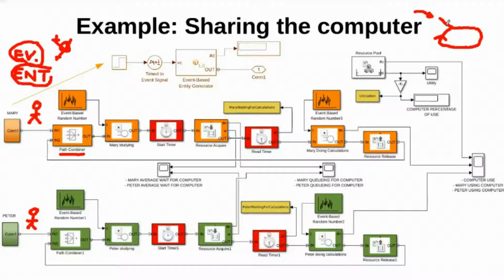That's a path combiner. You go from this path at the beginning, and then when you have finished this path, you can go back by means of this connection, okay? So that's the aim of this path combiner. It's a very simple block, okay? Entities can come from here or from here. Because a single Mary has been created, only a single Mary, then Mary is flowing through this, then Mary reaches the end of the simulation model, and then Mary goes back here, okay?